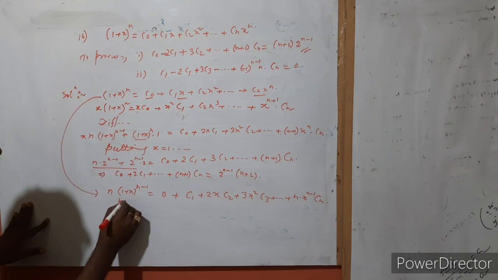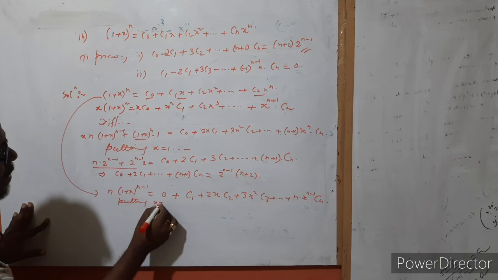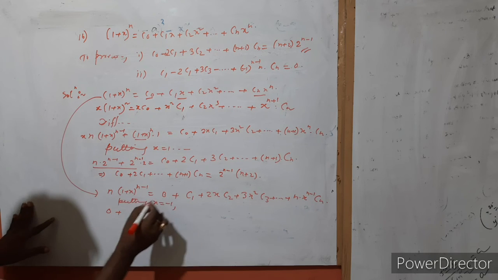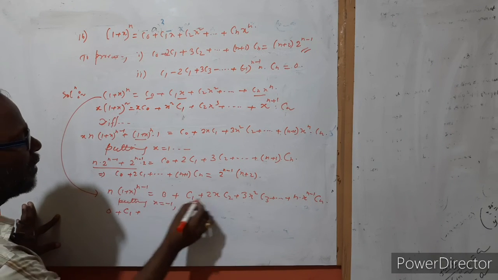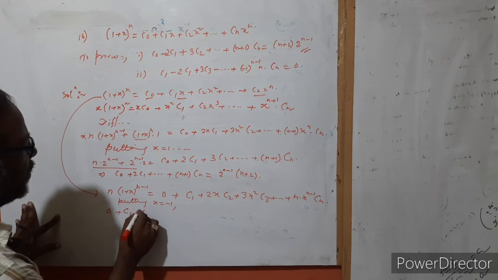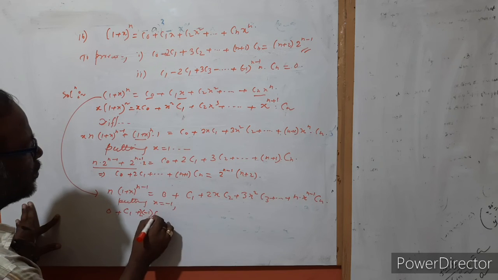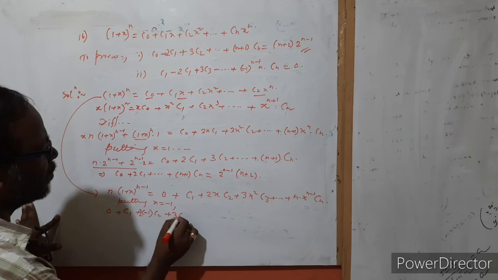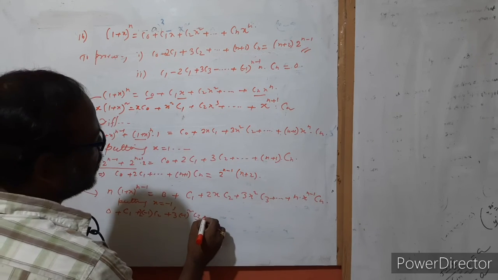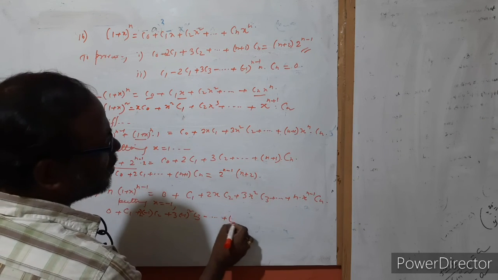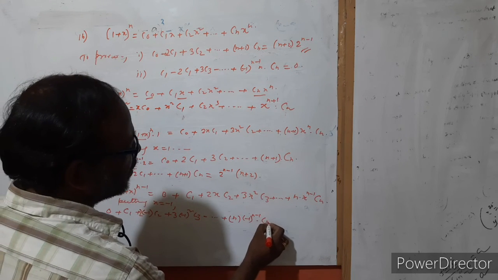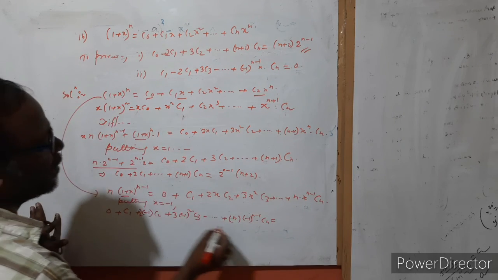Okay, now putting x equal to minus 1, then on the right hand side this is c1, and this is 2 into minus 1 into c2 plus 3 into minus 1 whole square into c3, okay, and finally n into minus 1 whole to the power n minus 1 into cn, and that is equal to 0.